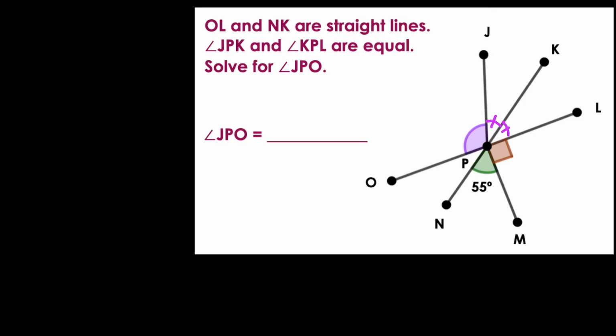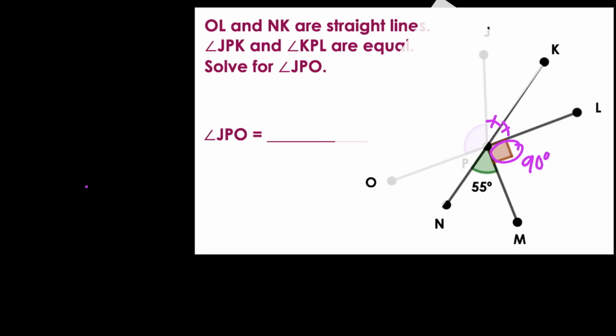So knowing that, I can probably focus on the line NK first. NK is a straight line. I know that this symbol here means 90 degrees or a right angle. So with that knowledge, I would be able to solve for KPL.